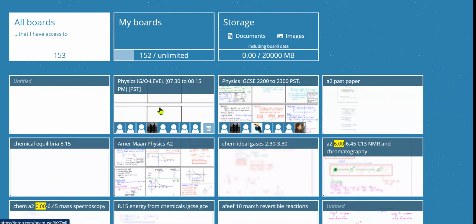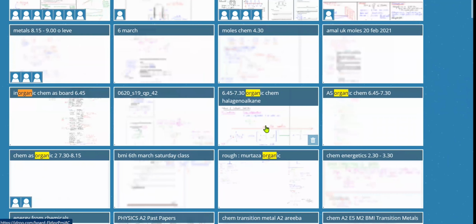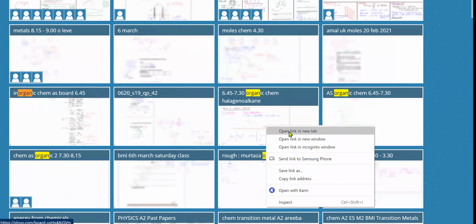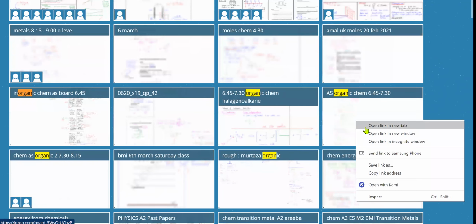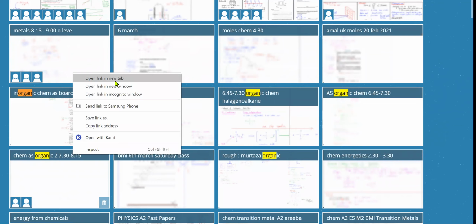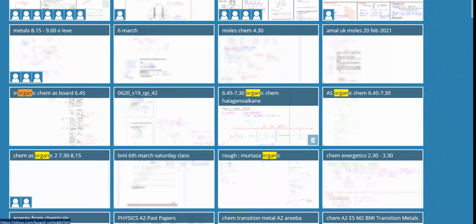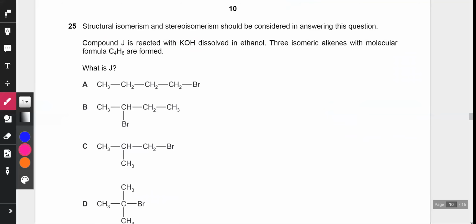One second. Structural isomers and stereoisomerism should be considered in answering these questions.